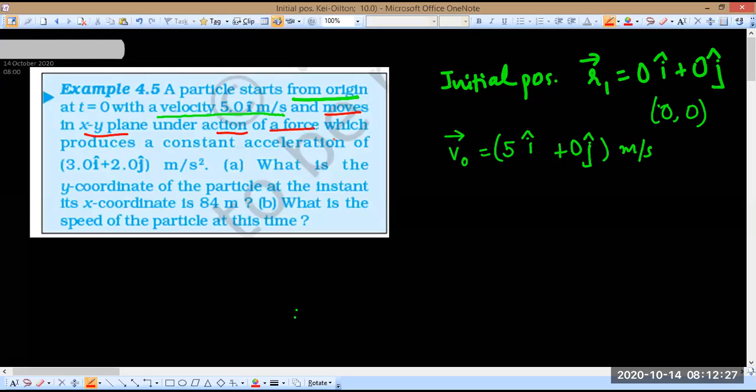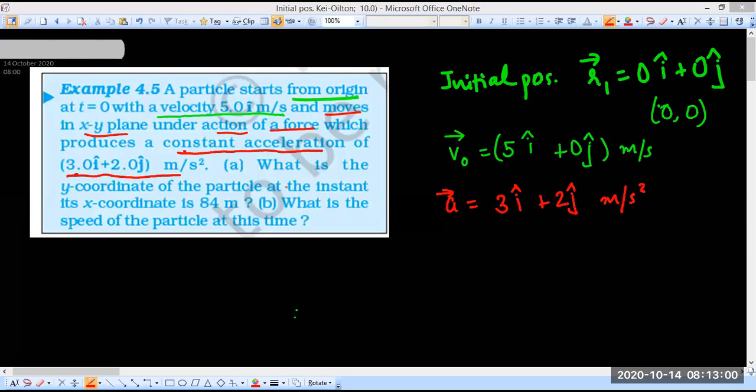All this you can ignore. There is some force acting on it, and whenever there is a force acting, there is going to be an acceleration. So there is a constant acceleration of the body. Let's write that here. The a vector is equal to 3 i caret plus 2 j caret, in meter per second square, of course.